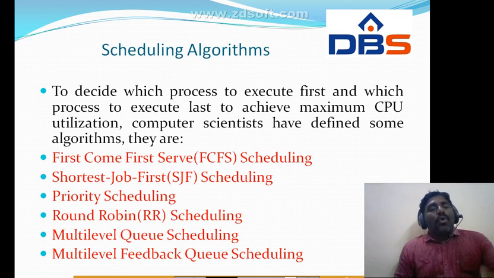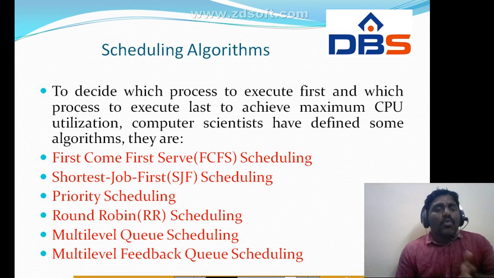Based on the algorithm, FCFS is one criterion, SJF is one criterion, priority is one criterion, round robin is one criterion, to decide which process executes first and which last, to achieve maximum CPU utilization.